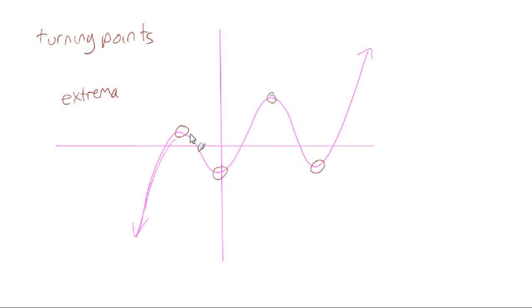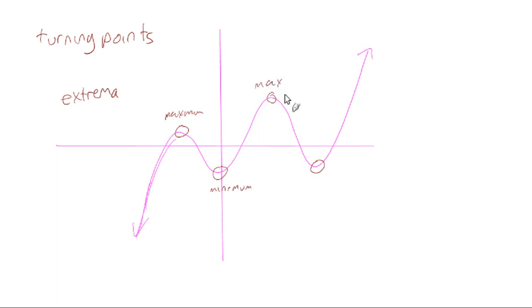Because in their localized area, not overall the whole graph, but just right in here or right in here, in their little neck of the woods, they are the extreme high, the extreme low, extreme high, extreme low. This is called a maximum. This is called a minimum.